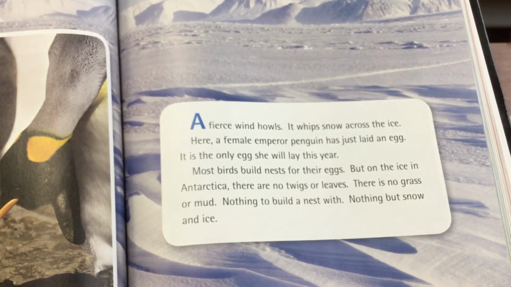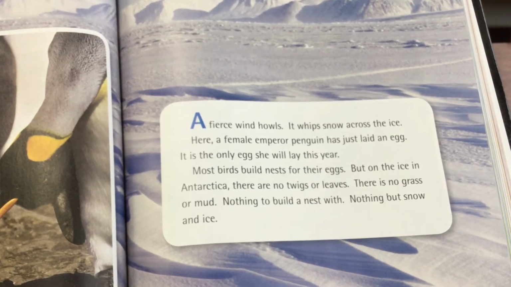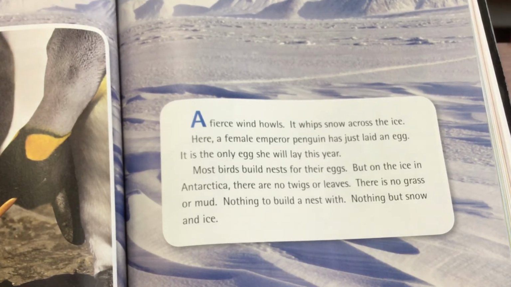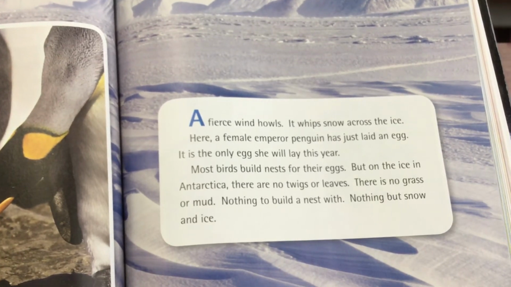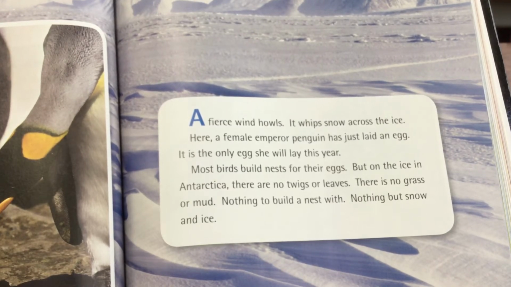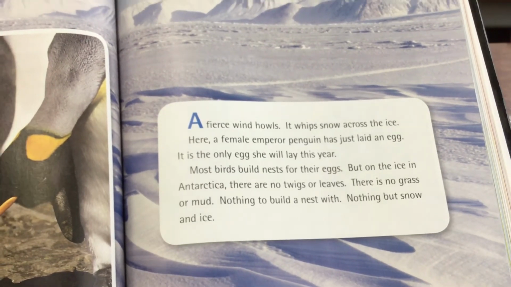Most birds build nests for their eggs. But on the ice in Antarctica, there are no twigs or leaves. There is no grass or mud. Nothing to build a nest with. Nothing but snow and ice.